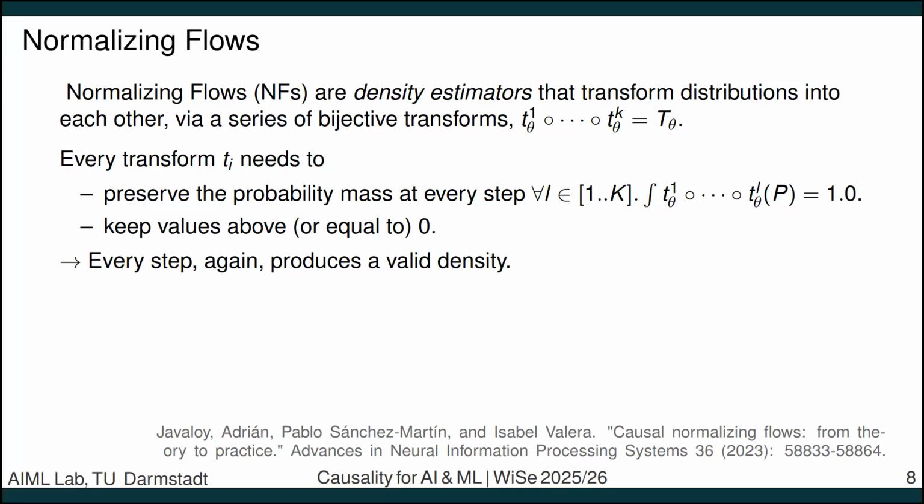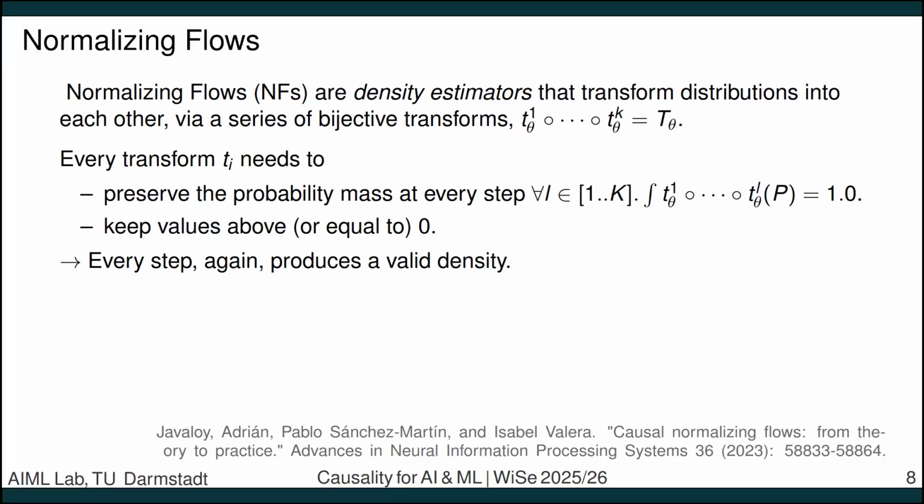What we need to guarantee is that with every transformation, the density still sums to 1, or the integral is 1, so we don't lose or gain any probability mass. And additionally, that all of those values are above 0, so we can't have negative probability anywhere.